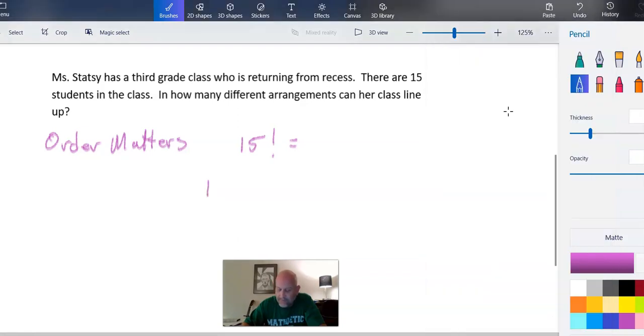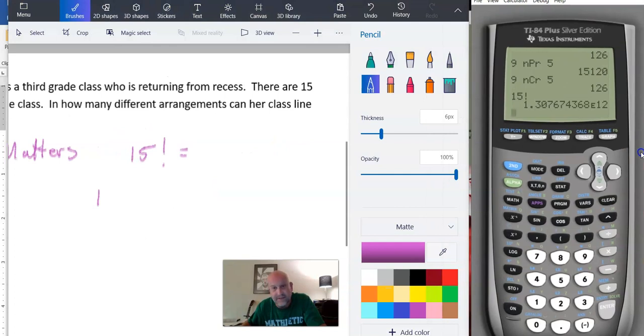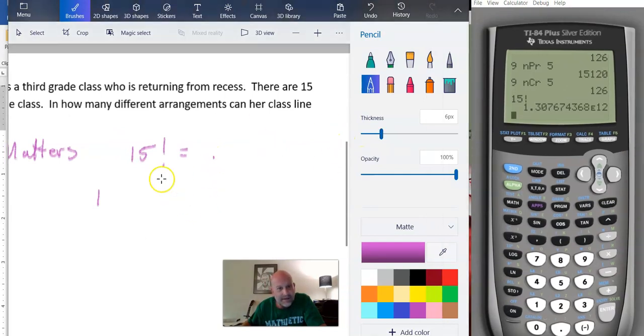So we have, I lost it. Let's do this. This way I can see it still. I think I have it figured out now. Okay, so you got 1.3076, and that E12, actually what it means is times 10 to the 12th.